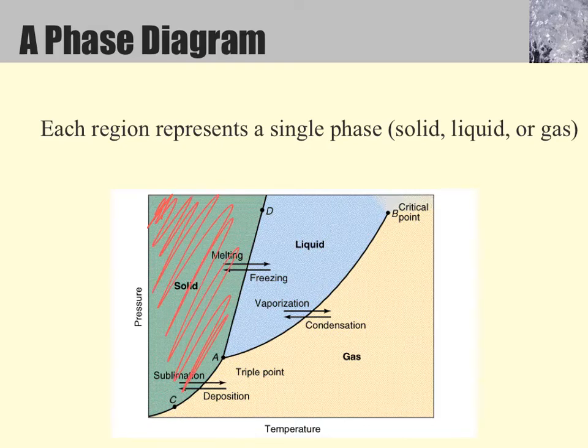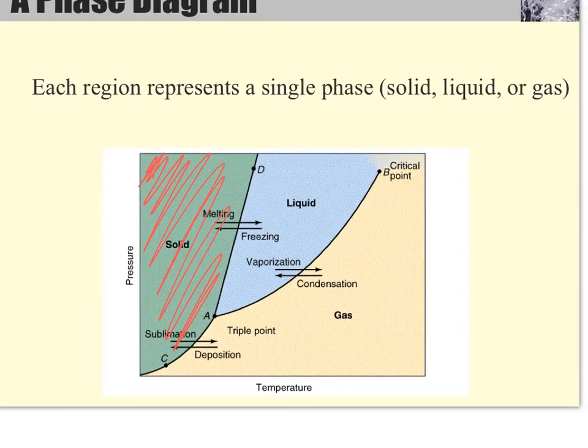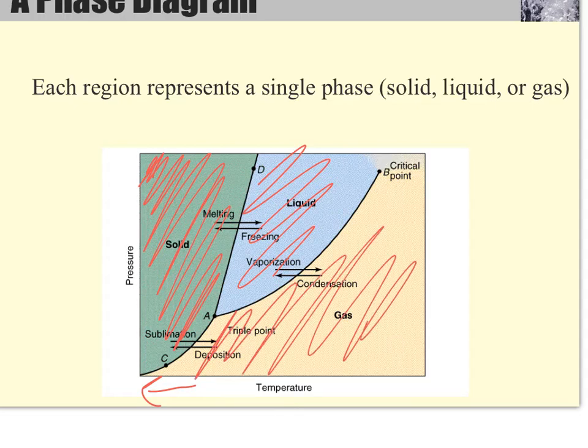So the far left represents the solid phase, which makes sense because at the far left you have low temperature, and you would expect that to be a solid. The middle is a liquid, and the far right is a gas. And I've always remembered that by saying this is the slug diagram: solid, liquid, gas.